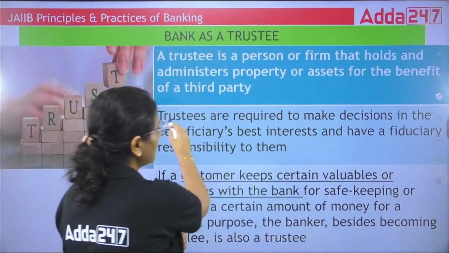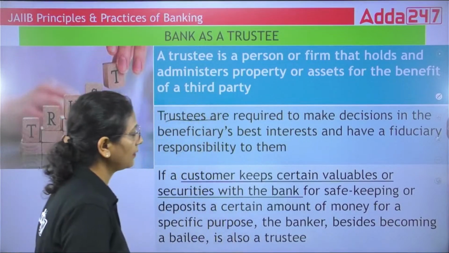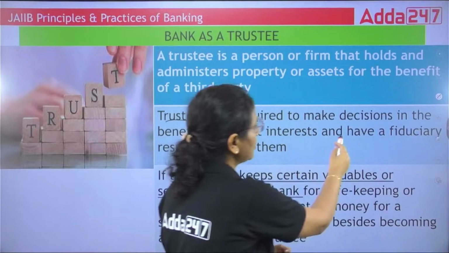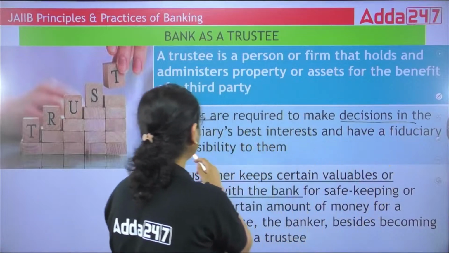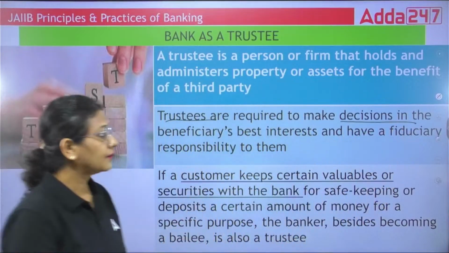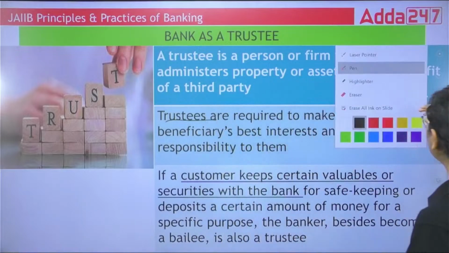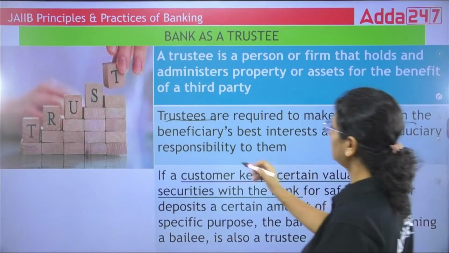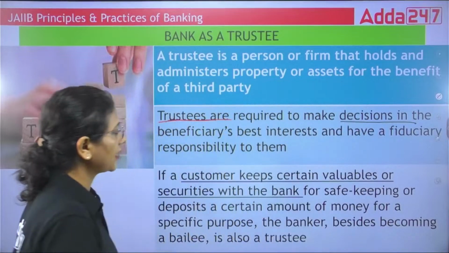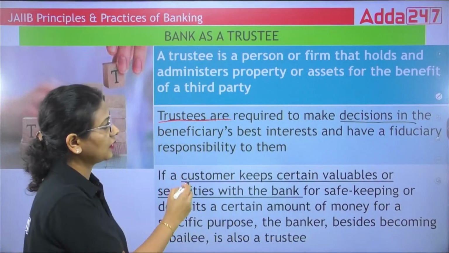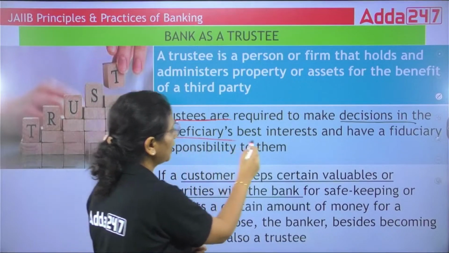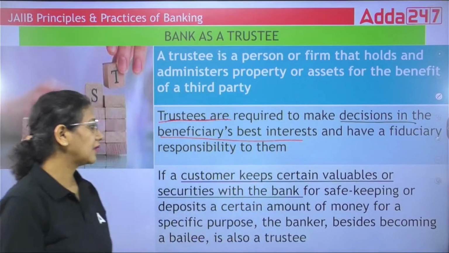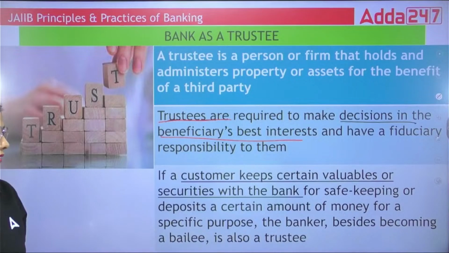Here, whoever is the trustee, they will make decisions which are in the best interest of the beneficiary. So trustees are required to make decisions in the beneficiary's best interest, and have a fiduciary responsibility to them.